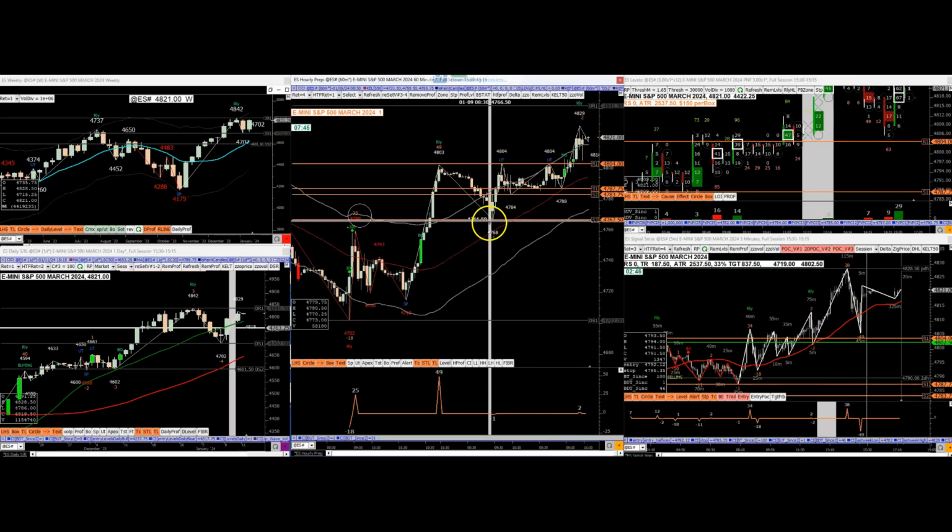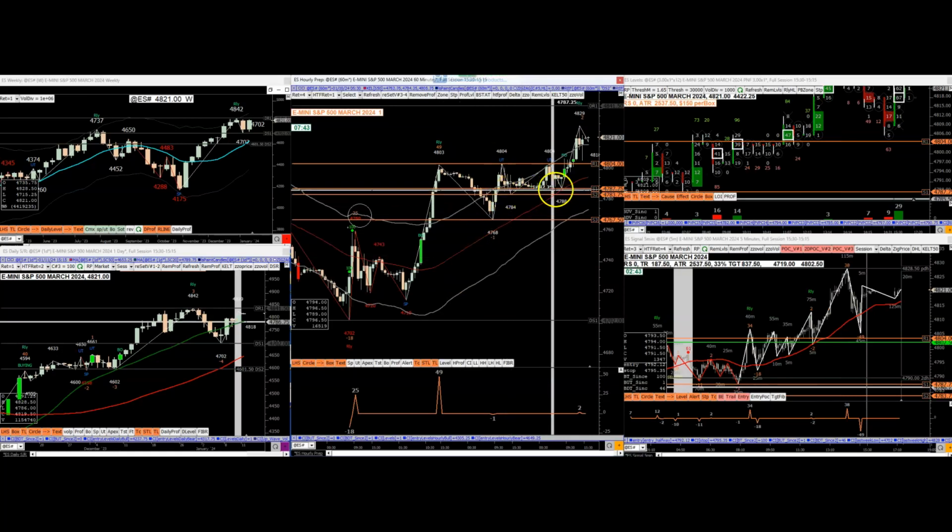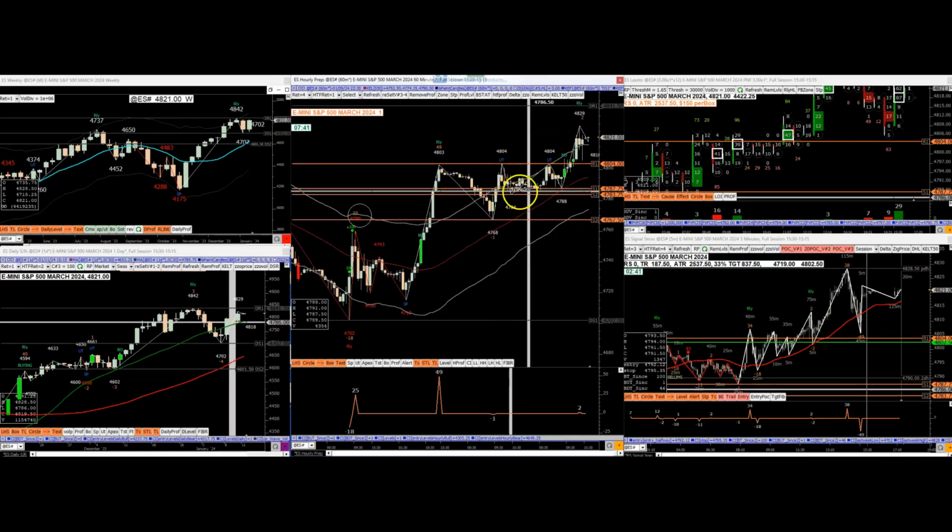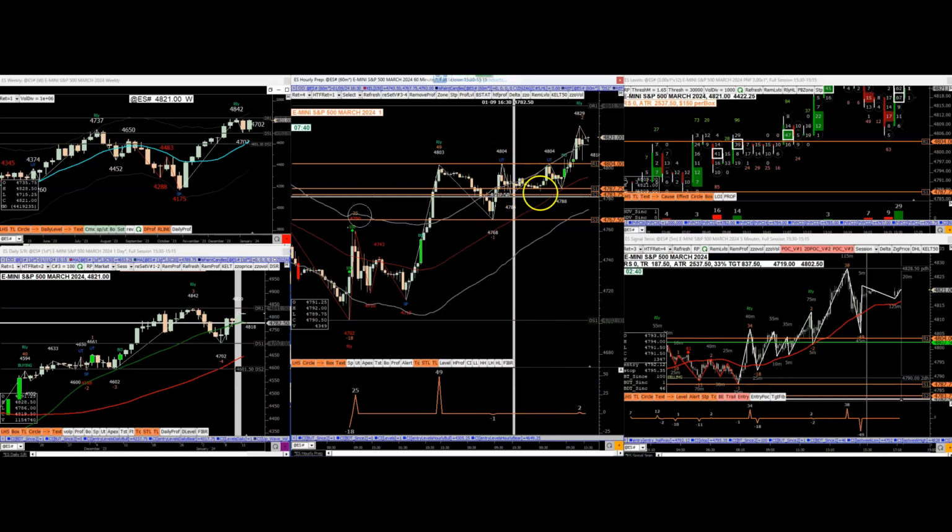Why? Because you have 1 high, 2 high, 3 high. Anytime you have a series of 3 higher highs, they're in jeopardy, right? From experience. Anytime you have higher low, higher low, higher low in a sequence, it becomes a good target, not easy, but a good target.